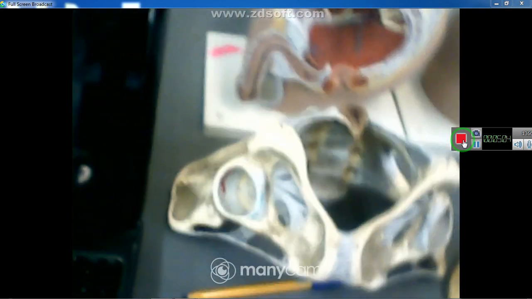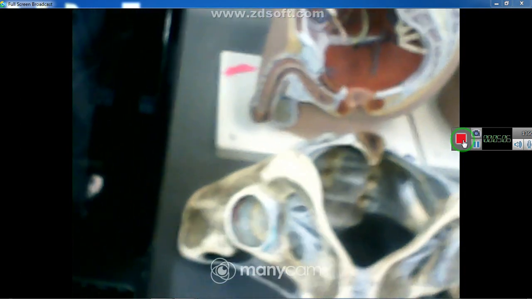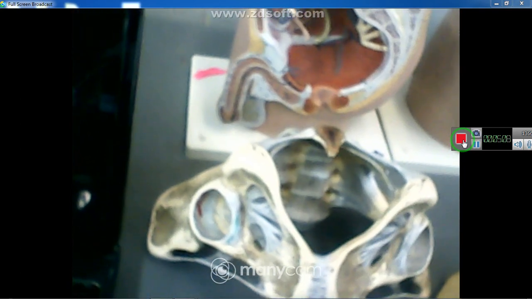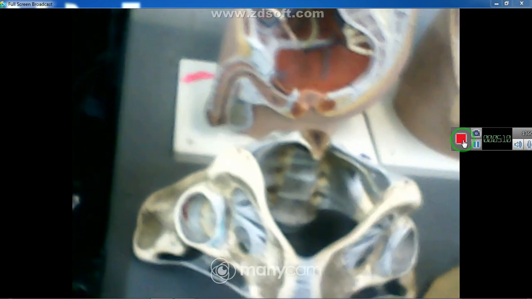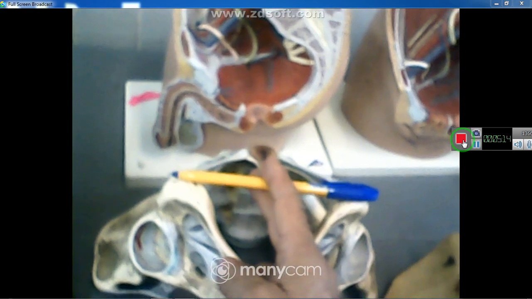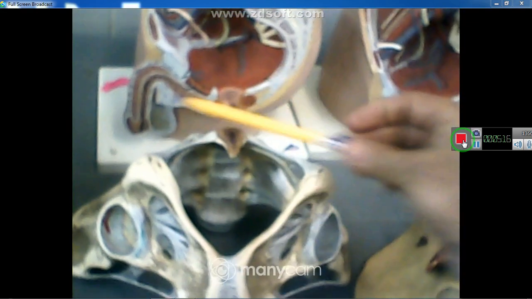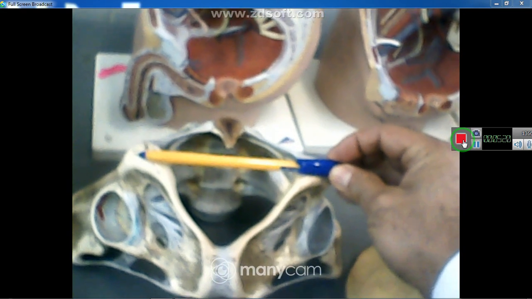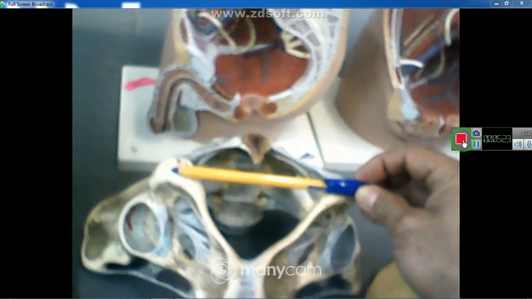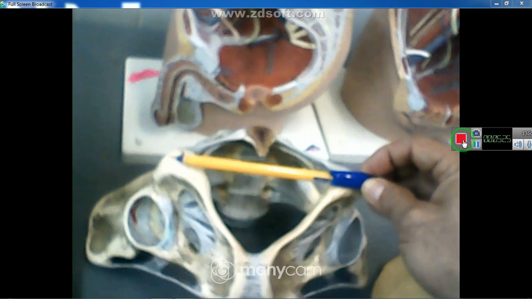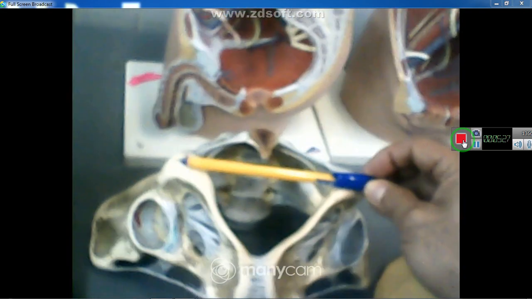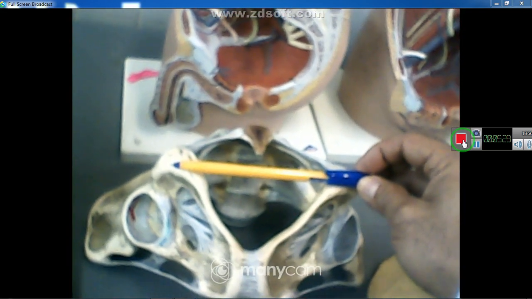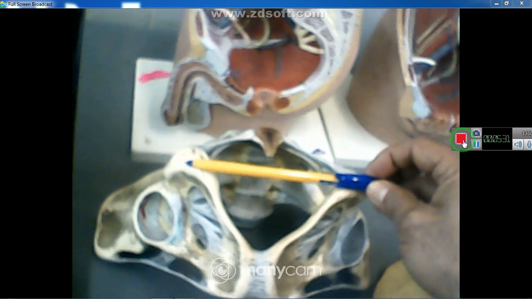Now, I will divide this perineum, the diamond, into two triangles. How is that? I will connect the ischial tuberosities together by my pen. I will do an interischial line. So the diamond will be divided into an anterior triangle and posterior triangle.